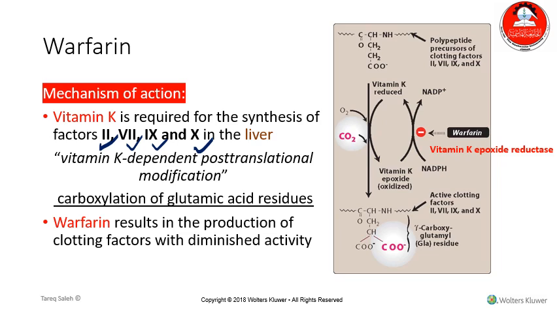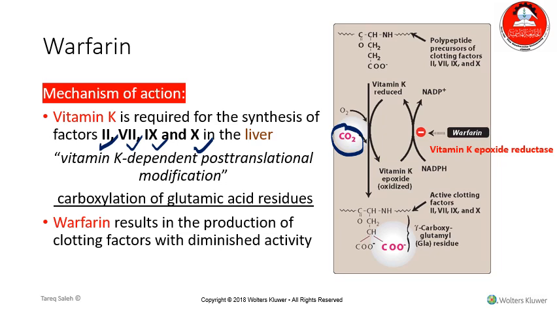After these factors are synthesized, they undergo vitamin K dependent post-translational modification. So in order for these coagulation factors to be effective, they need to undergo a carboxylation reaction. This carboxylation reaction involves the addition of a carboxyl group from a glutamic acid residue.